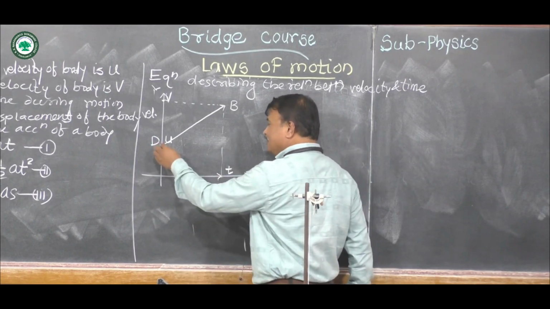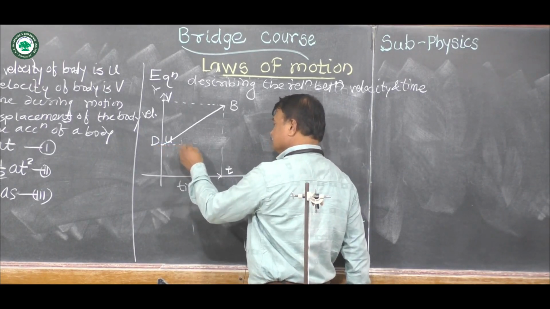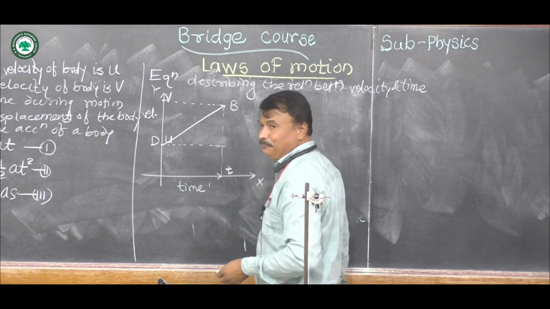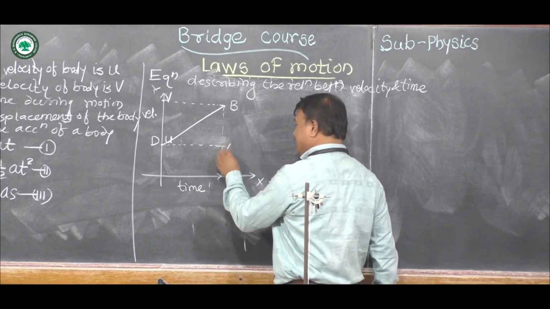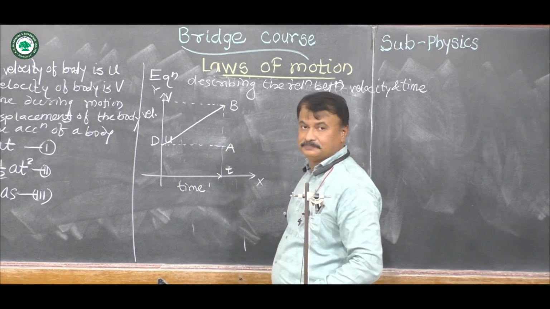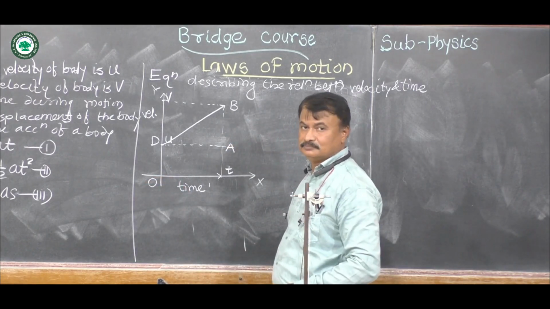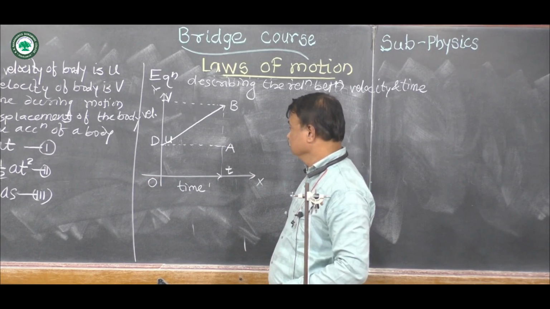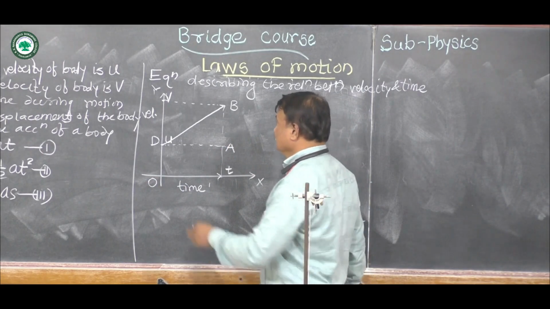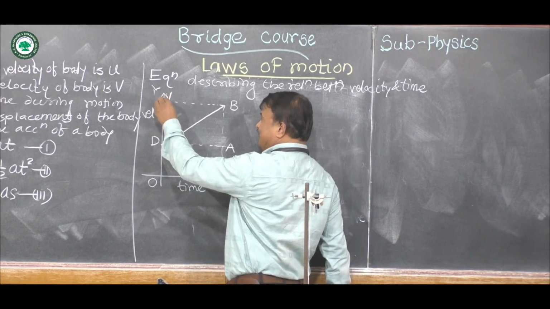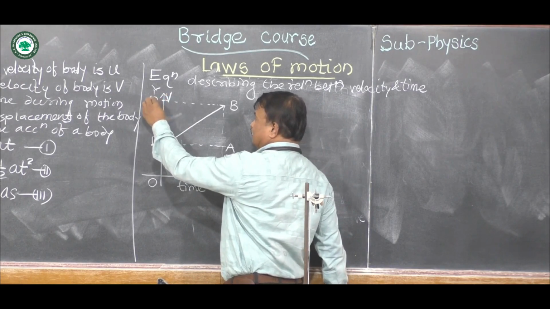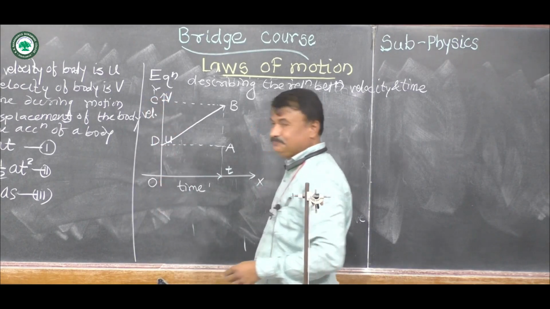Also we draw a parallel line from D, which meets at point A, and O is the origin. And on the y-axis, this point is C.